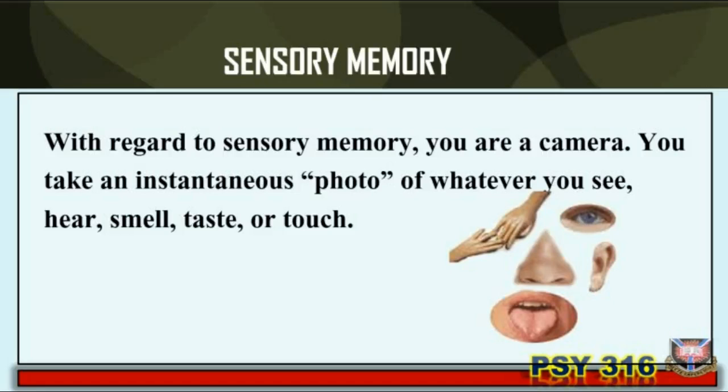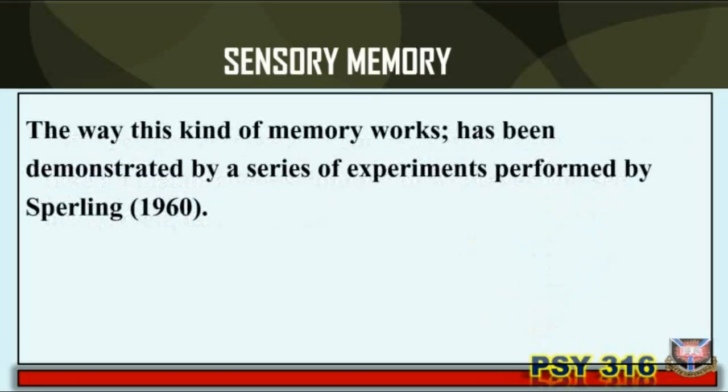This information is the raw data of life. You can either act upon it by taking it into your memory or ignore and forget it. The way this kind of memory works has been demonstrated by a series of experiments performed by Sperling, 1960.